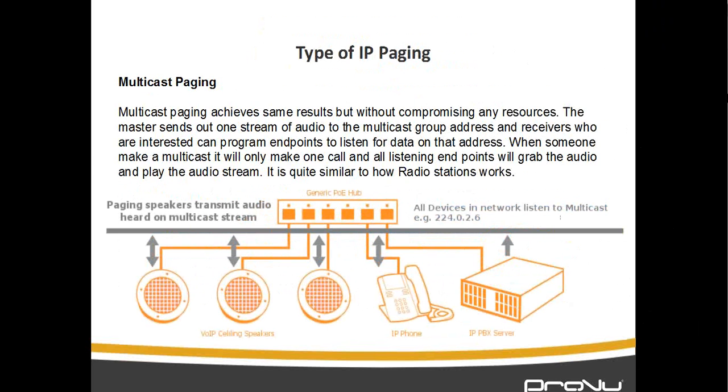So you can see we're not putting any extra load on the actual streaming system. We're just listening in to someone who's streaming. The benefits are clear straight away: it's very light on resources, and you only listen to what you want to listen to. And that's how the whole multicast system works.